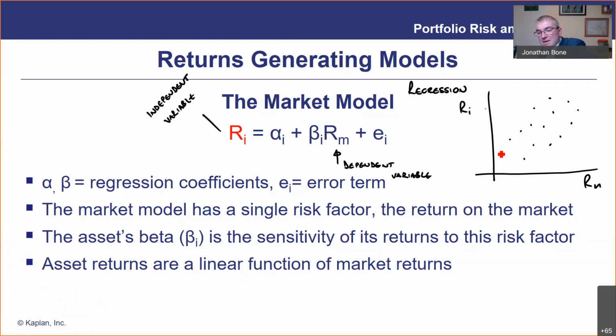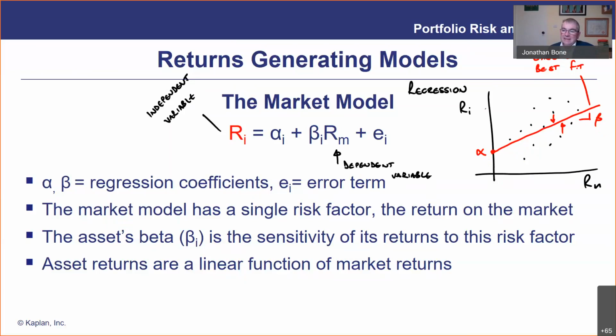Okay, so when you do least squares regression, what it does is it minimizes the distance of the observations to what they call the line of best fit. Okay, now this line of best fit here has an intercept, they're calling that alpha there, and it has a gradient which is equal to beta.